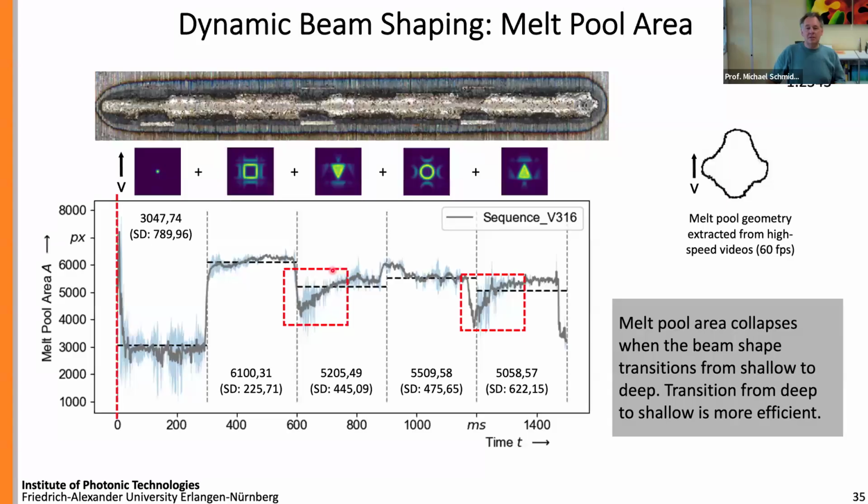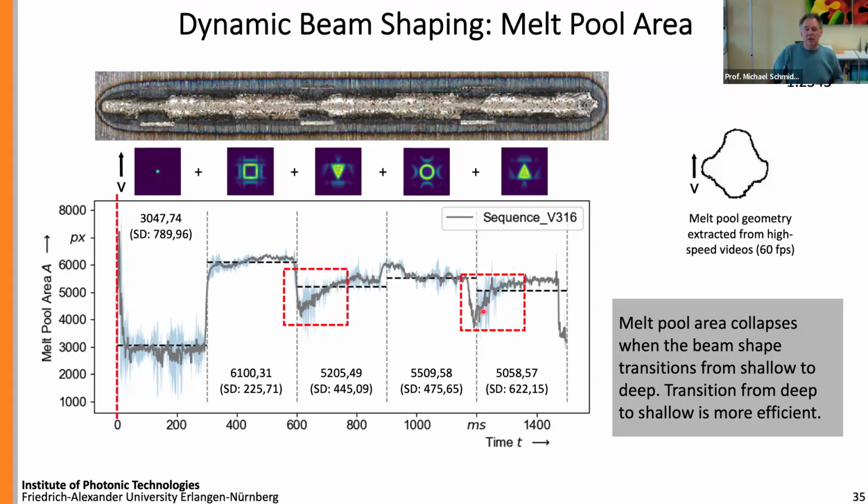The interesting thing is when you switch between these, you see effects like here. It takes a bit of time, sometimes even quite a long time, until the melt pool area stabilizes with the new intensity distribution.